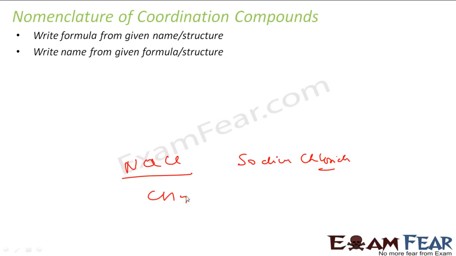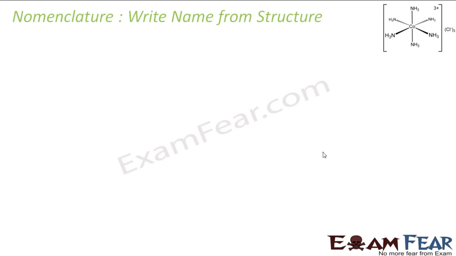Or CH4, you know CH4 is methane. If you are given methane, you can tell this is the formula. So both things you should know: from the formula, you should know the name, or from the name, you can give the formula. Okay, so let's see how we can write the name from a given structure.